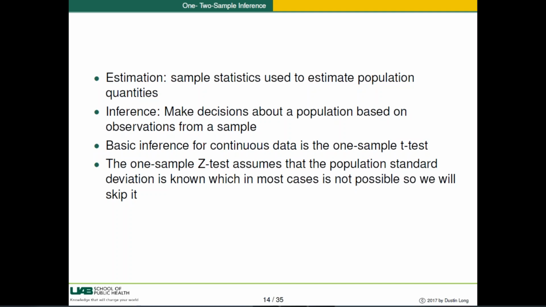All babies born in the U.S., all babies born in the world, all babies born in Alabama, all babies born at UAB, all babies born at UAB on floor 2. What would the population be? Depends on your question. It depends on your question.